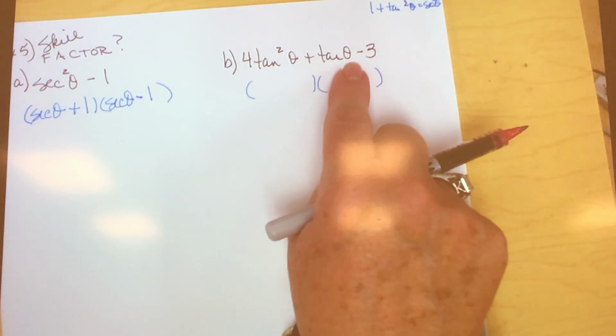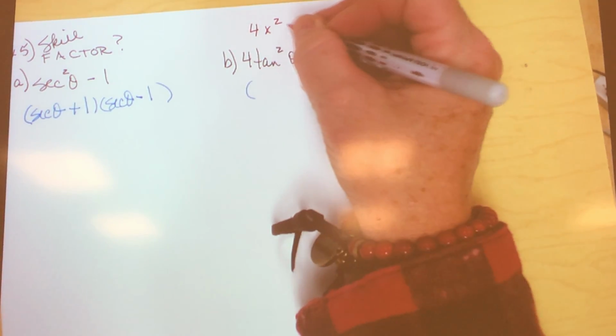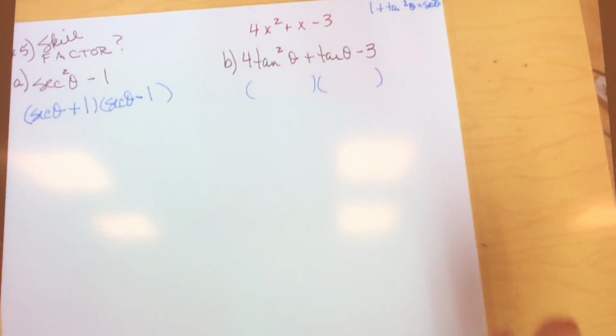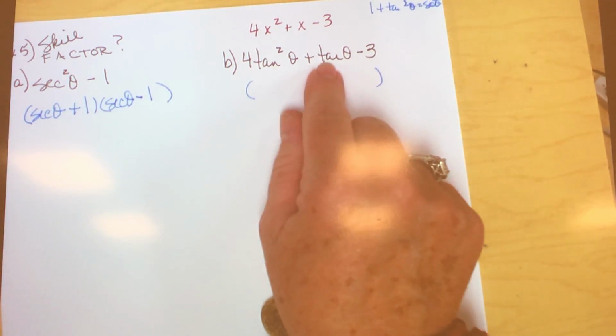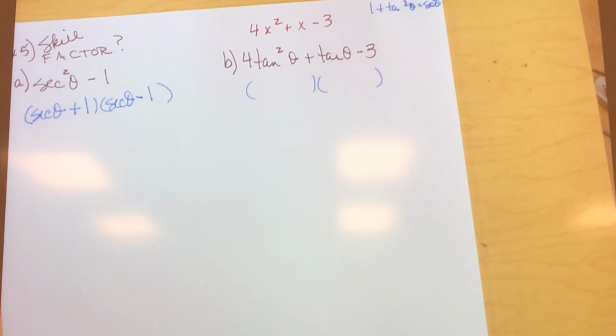This is an Algebra 1 skill, except yours looked like this: 4x squared plus x minus 3. It's the same exact thing. And I'm going to say this: don't get in the habit of rewriting it like this because these bother you. Get over it, because you don't have enough time to rewrite all that mess and then go back and write it the other way.